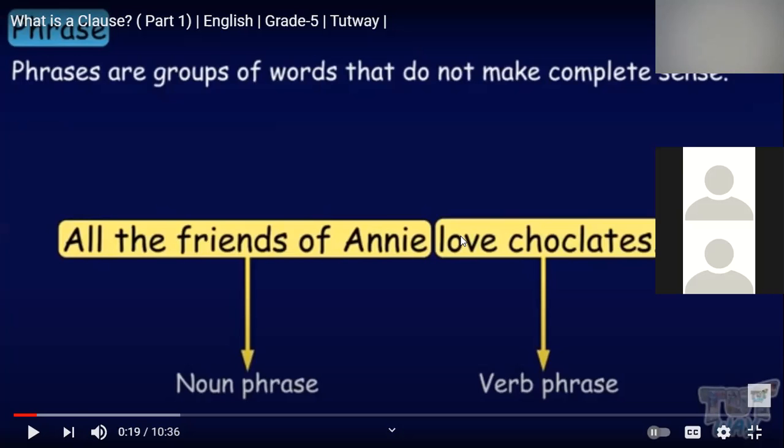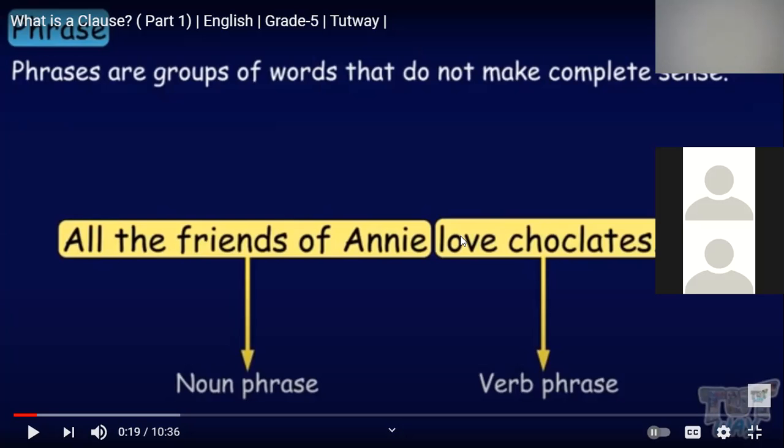Okay, all the friends of Anna. Okay, so what about them? All the friends of Anna, are they playing? Are they looking at me? Are they taking the class? Are they eating? So, all the friends of Anna, it's not a complete sentence.